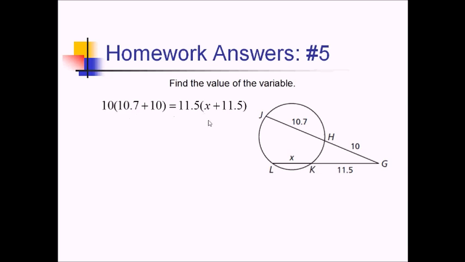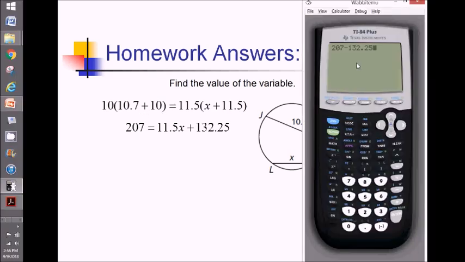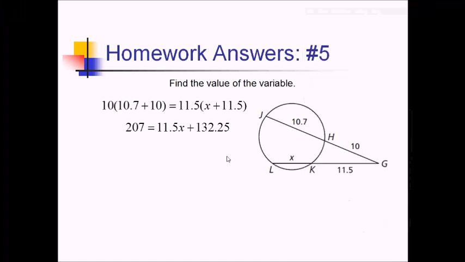On the right side, we've got 11.5x plus whatever 11.5 times itself is, which if you do the calculator comes out to 132.25.